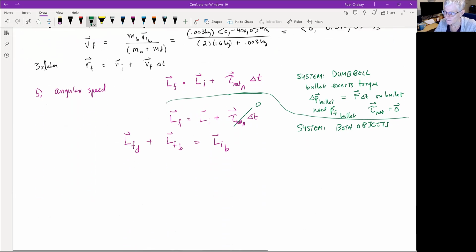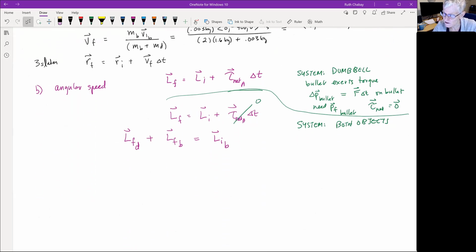And so we can expand this as r sub A cross mass of the bullet times the initial velocity of the bullet. So that's the initial angular momentum of the bullet.